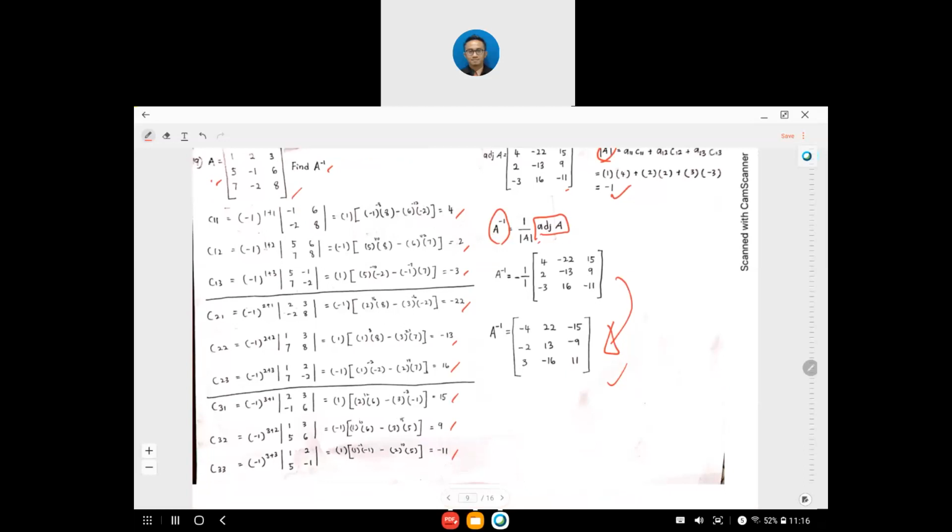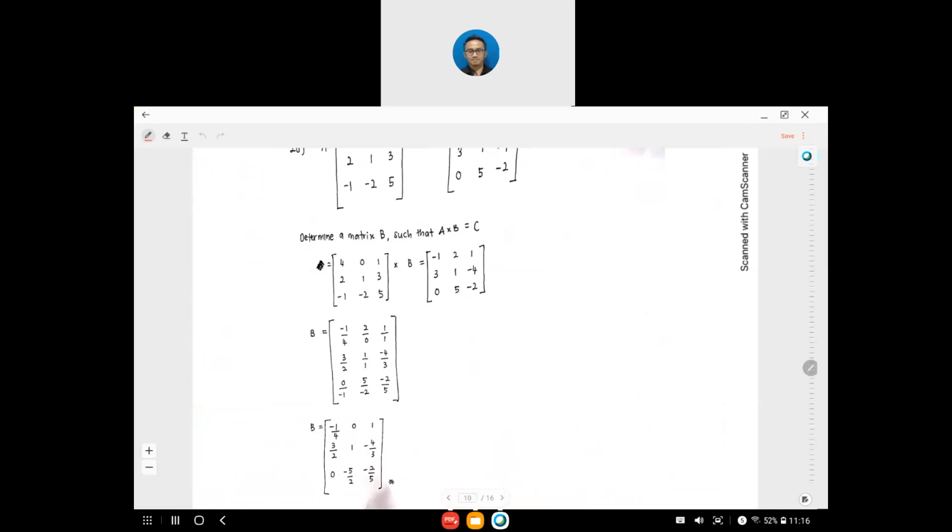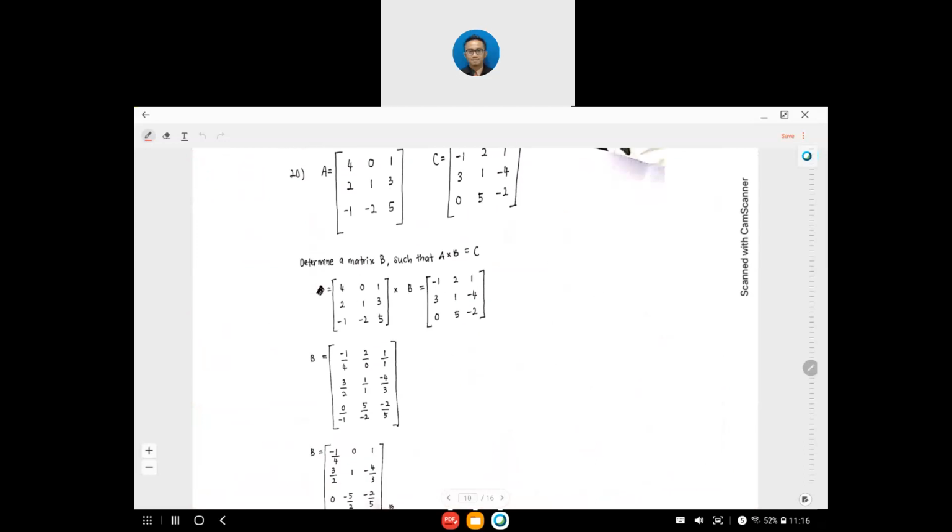Okay. For question 20, determine a matrix B such that A times B equals C. Ha ni, buat macam ni. A times B equals C. And then what is matrix B?